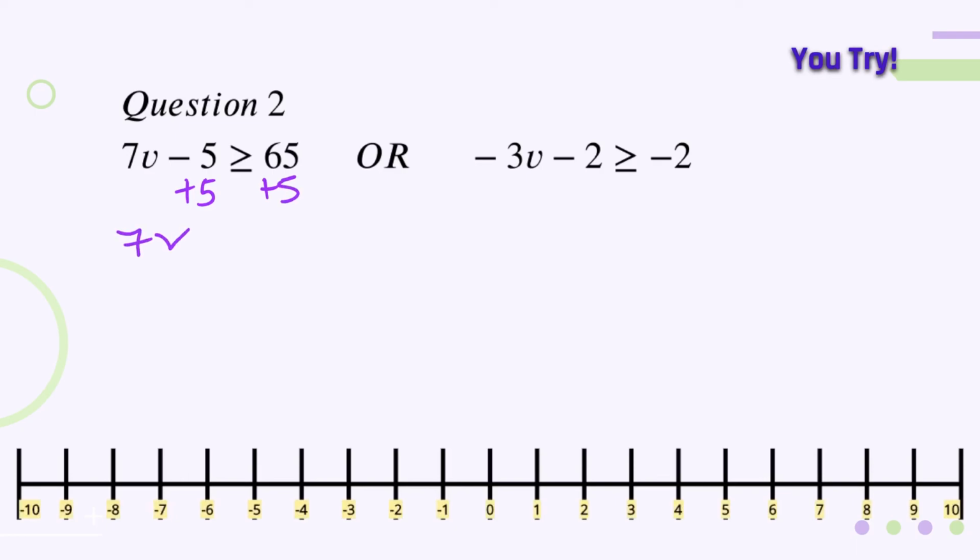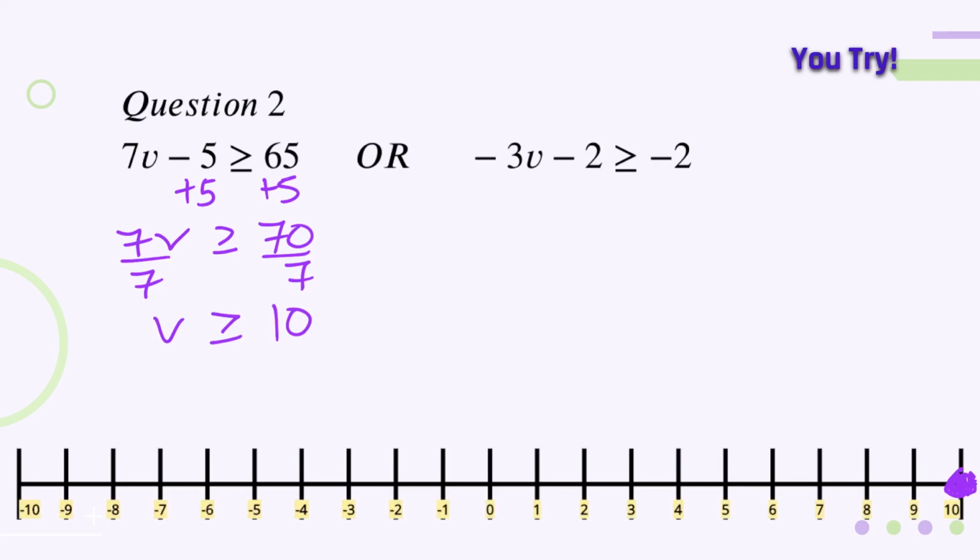I get 7v is greater than or equal to 70. Divide each side by 7. I get v is greater than or equal to 10. So I'm going to find my 10, and my 10 is here, and circle and shade my arrow.